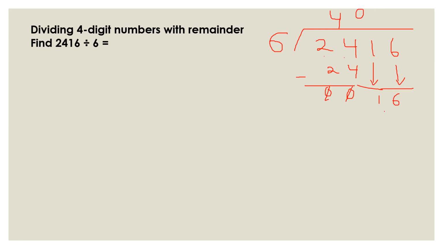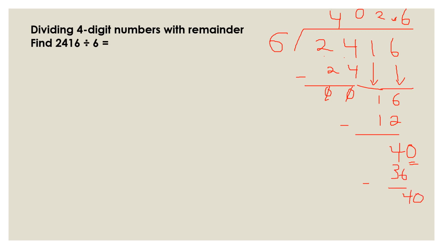Next, 16 divided by 6 equals 2. 6 times 2 equals 12. 16 minus 12 equals 4. 4 divided by 6 cannot. So that's why you have to add a 0 here. And after that, place a decimal point. And after that, 40 divided by 6 equals 6, 36. 40 minus 36 equals 4.